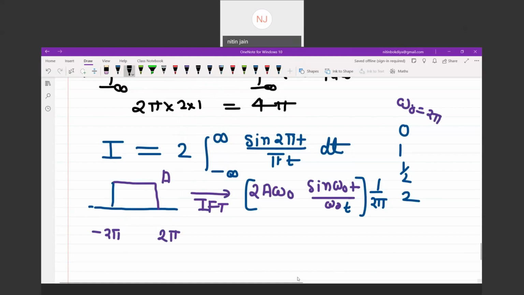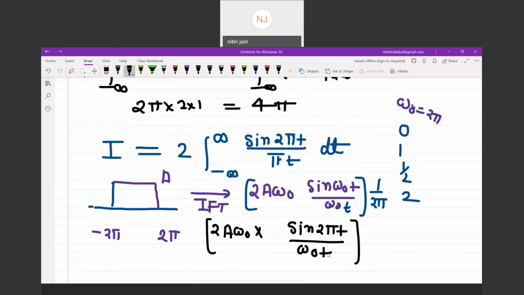Now this function will be 2a omega naught into sine of 2 pi t divided by omega naught into t, whole multiplied by 1 by pi t, 1 by 2 pi.